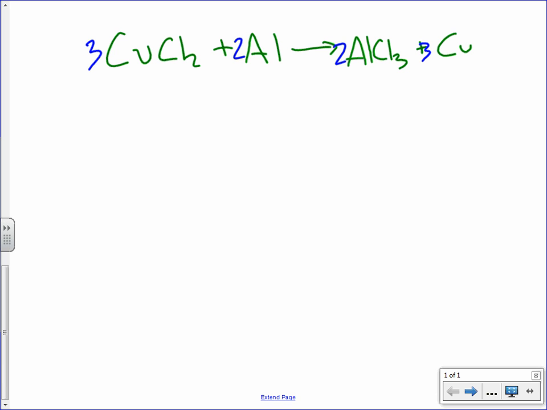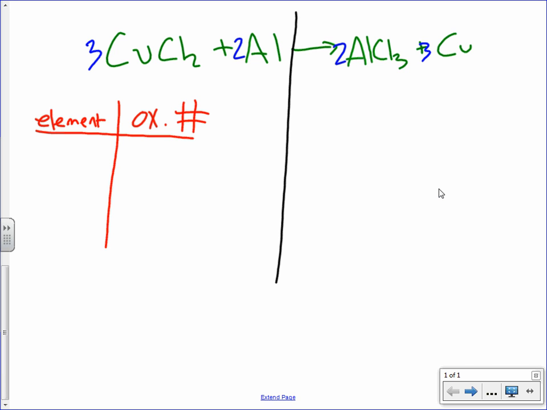Okay, so basically, first step, you're gonna identify the oxidation state of each element. So let's do reactants first. Okay. List our elements here, and list our oxidation state or oxidation number here. All right. Draw a line there, show we're splitting up reactants and products.